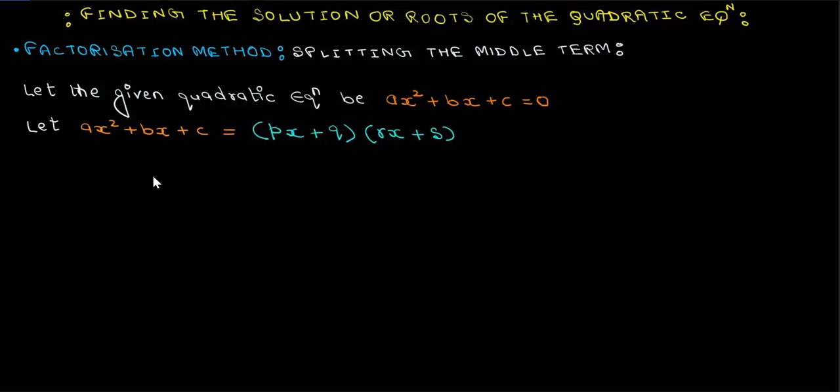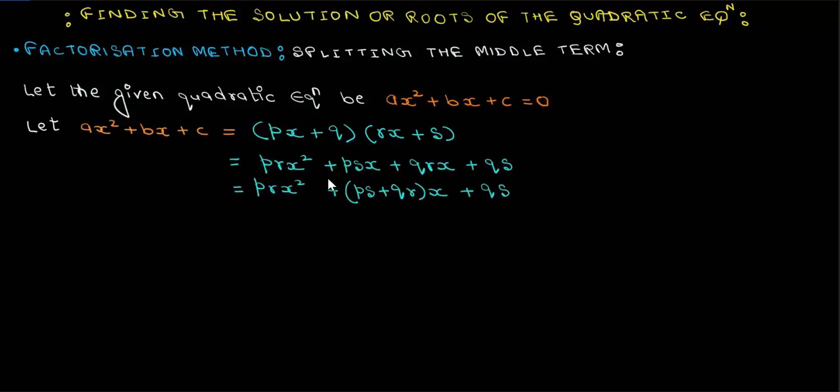Here we have considered that we are able to factorize this polynomial into two real linear polynomial factors. You will come across many polynomials which you won't be able to factorize in such a way. So let us multiply these two brackets.